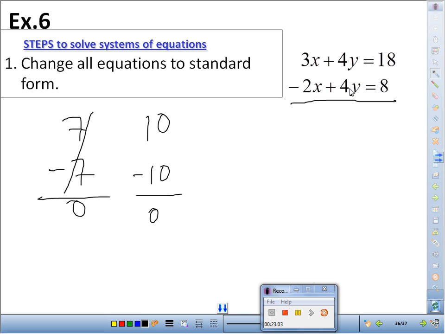So look at here. Look at this one. What do you notice here? That one of them has to be what? Negative. So this is what I'm going to do. I'm going to take this one. Doesn't matter which, but I'm going to take the first. Multiply times negative 1. That becomes what? Negative 3x minus 4y equals negative 18.